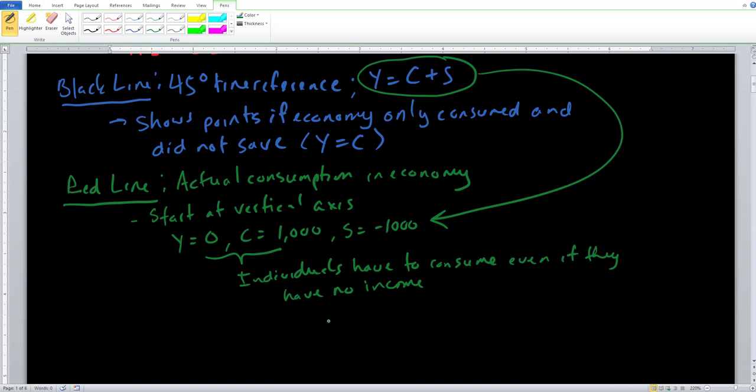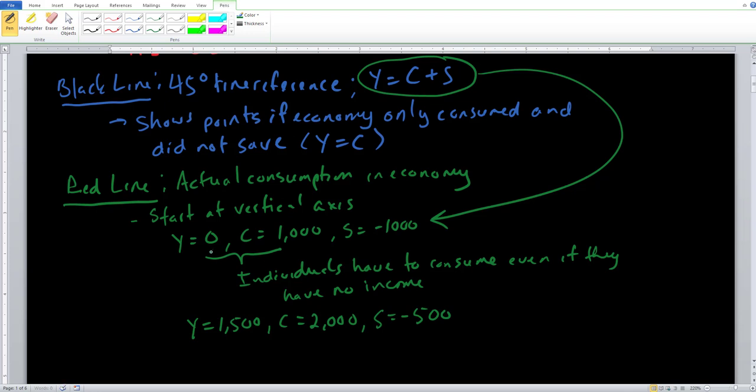But what happens if I give you a few more points? Suppose that income is equal to 1,500, so I actually give you some income now, and consumption is equal to 2,000. What is our savings now? We are still consuming more than we have in income, so we're borrowing money once again. Savings here is going to be negative 500.